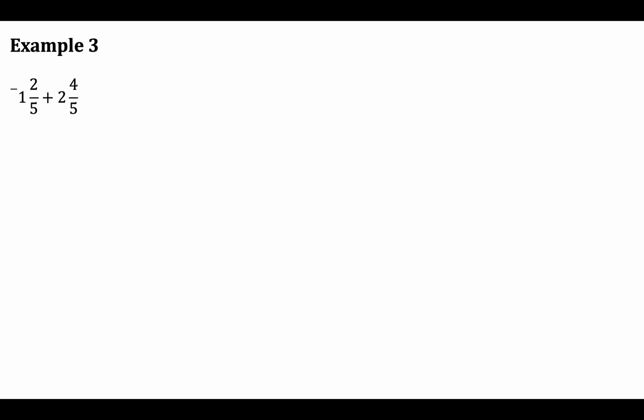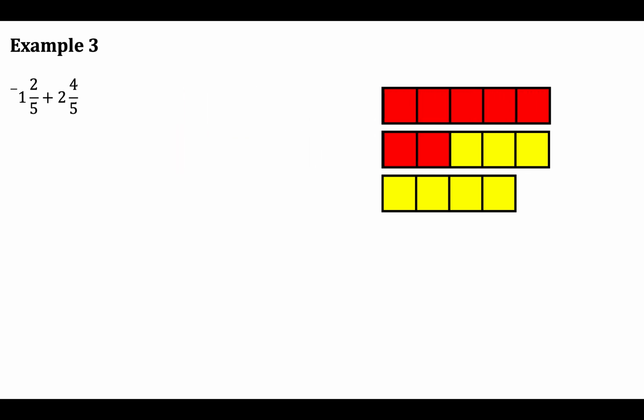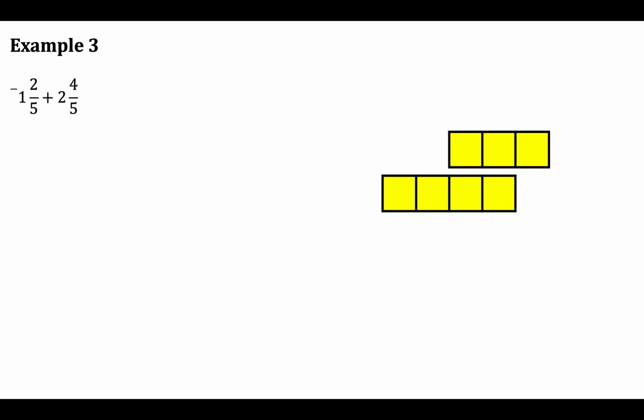Now example 3, we're starting to bring negatives into this here. So negative 1 and 2 fifths is going to look like this. And we're adding 2 and 4 fifths. Now if we put these together using zero pairs, we can see that we're left with 1 and 2 fifths.